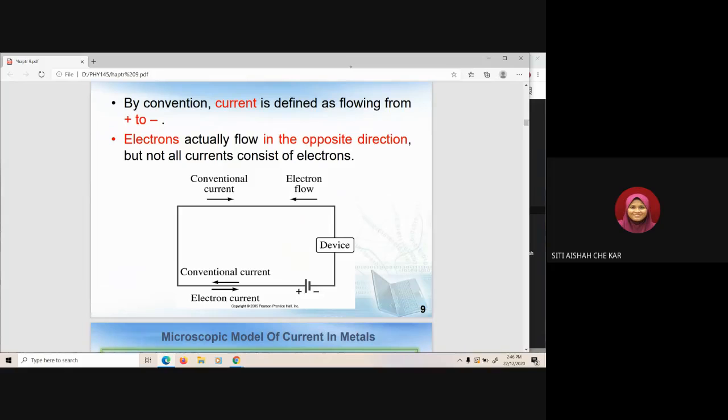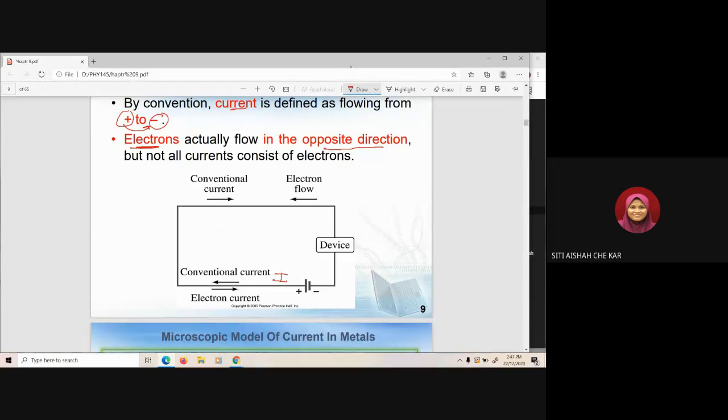Okay. So current kita define dia akan flow from positive to negative polarity. But actually what happened is electron is in the opposite direction. We learn in the theory, in the subject, the current I flows from the positive to the negative.